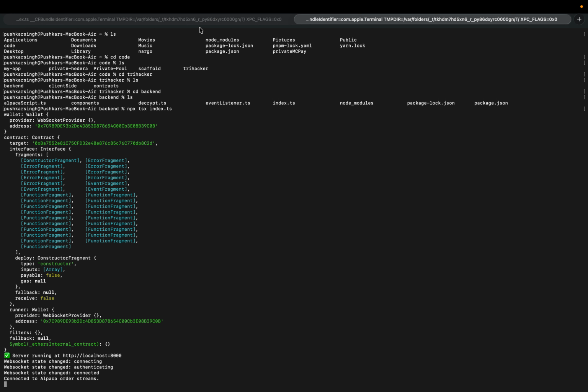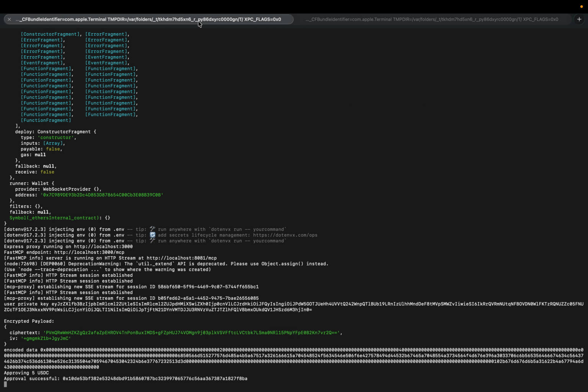let's just wait for a few seconds. Here you can also see on the backend side that the order has been placed over Alpaca.